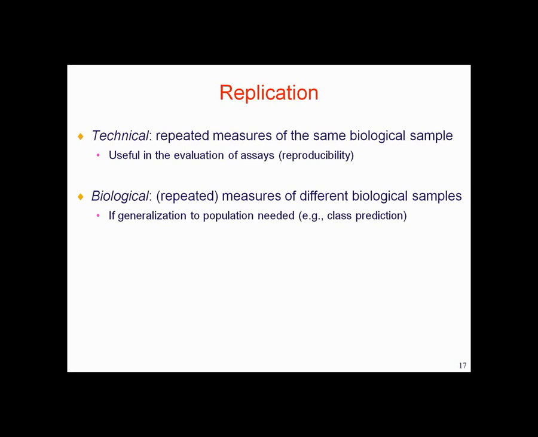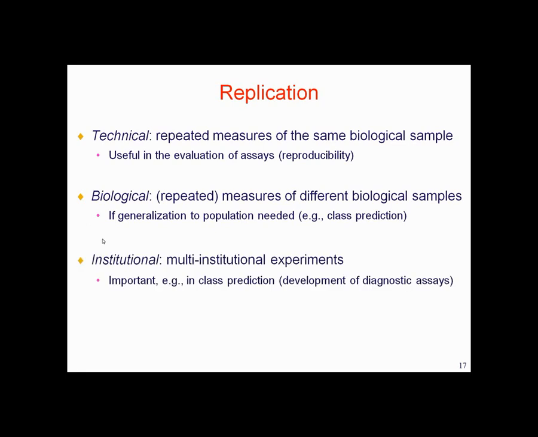This means that you might need to include biological replicates to be able to generalize the results. But also, by taking several biological replicates and averaging them, you are able to reduce the influence of the biological variability on your estimates.